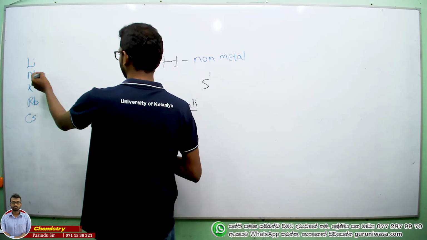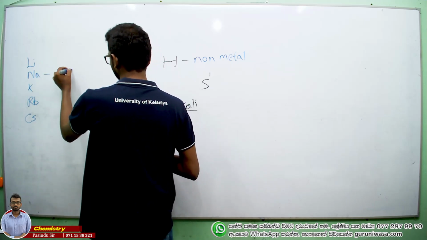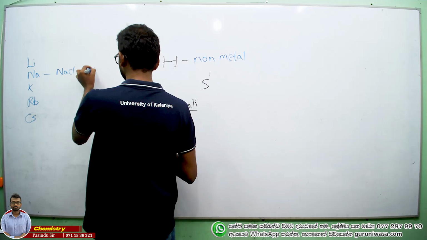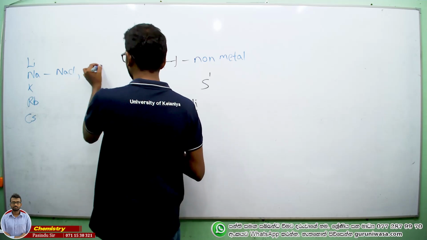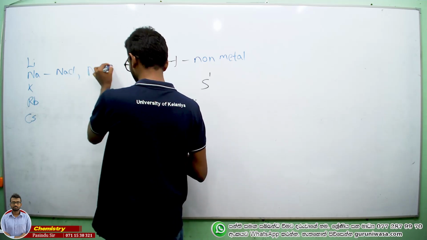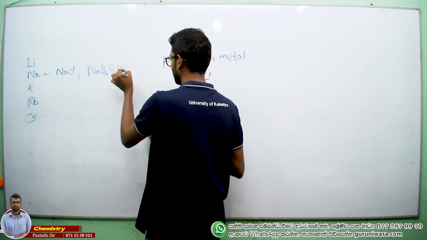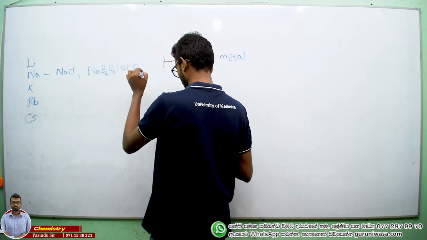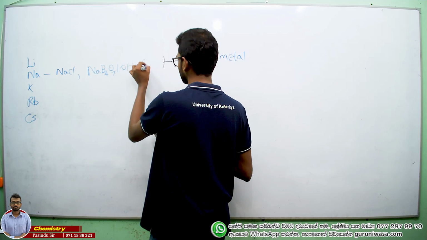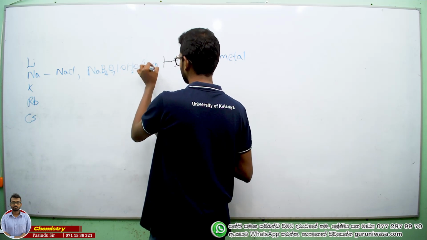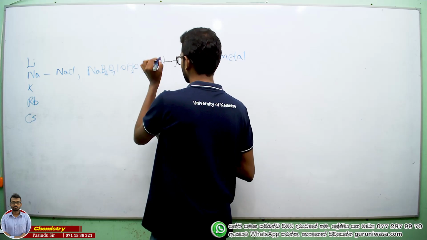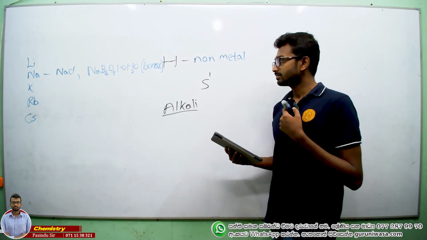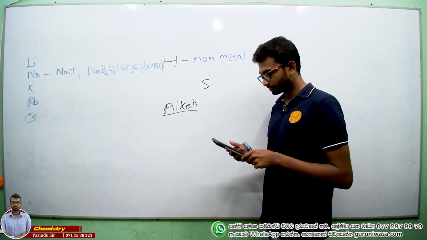And another way, just remember this is a different one: Na2B4O7·10H2O. We call it borax. And how about potassium?